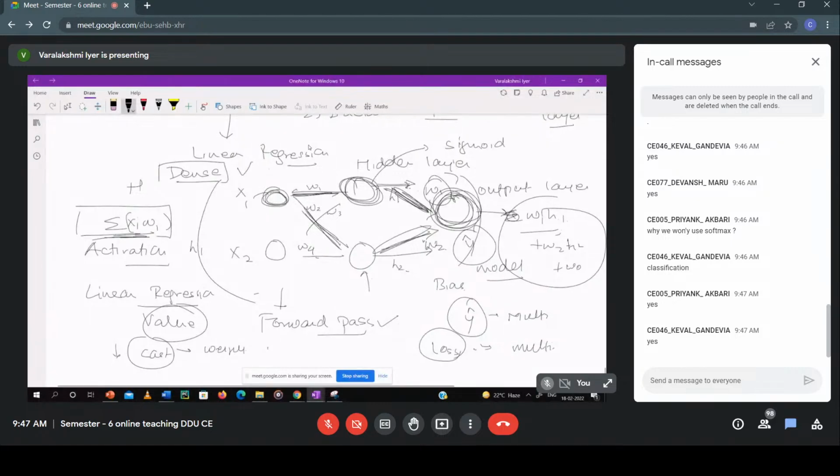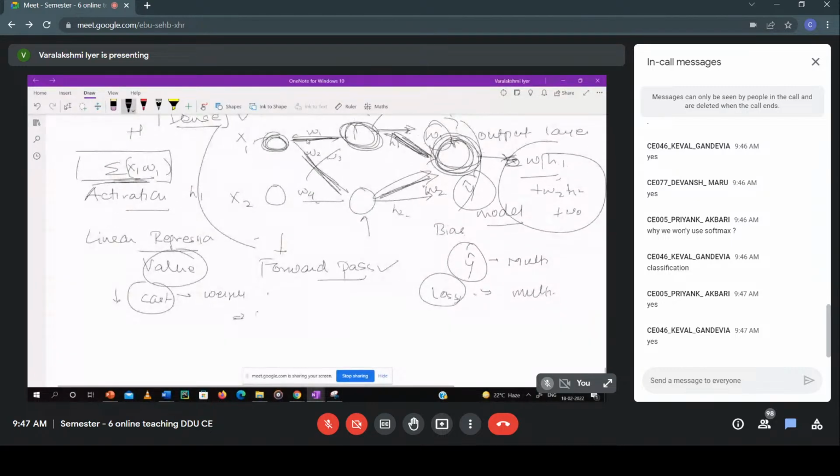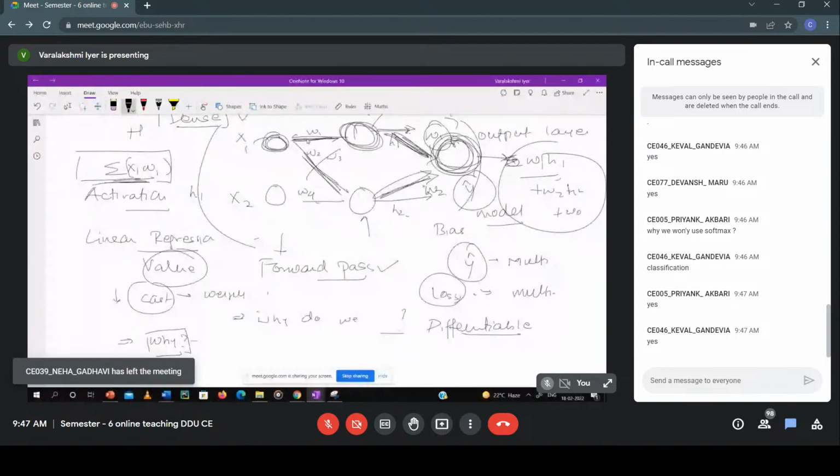There was one question asked in the previous lecture by Keval, I guess: what is the specific need to use a differentiable activation function? I suppose everybody is clear why we need a differentiable activation function in the case of multi-layer perceptron. Can you tell me why? Up to this point everyone is clear that we'll be performing a forward pass.